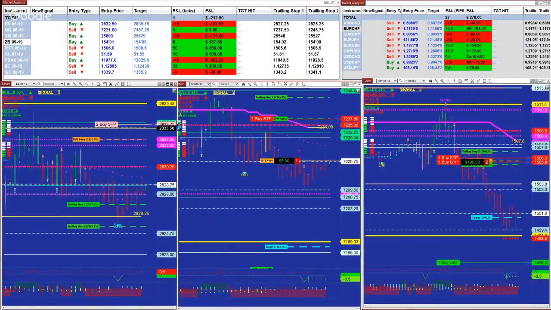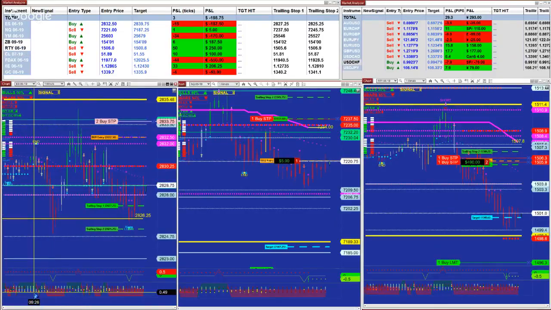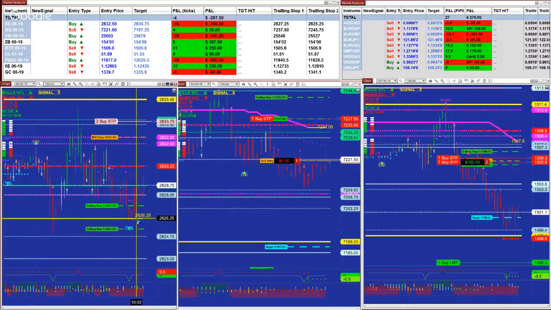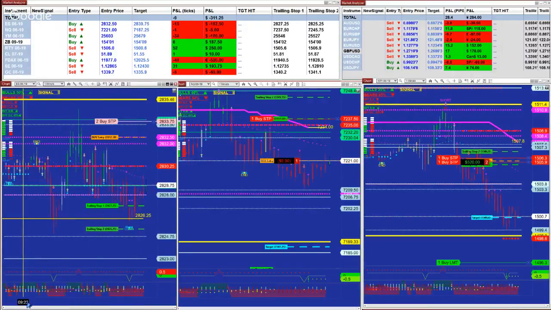So the ES is the key to this whole market. This magic number, 28, 26, 25. If we're not breaking it, we are going to have volatility like yesterday, and a chop market, and that is the end of the story here. So let's see.